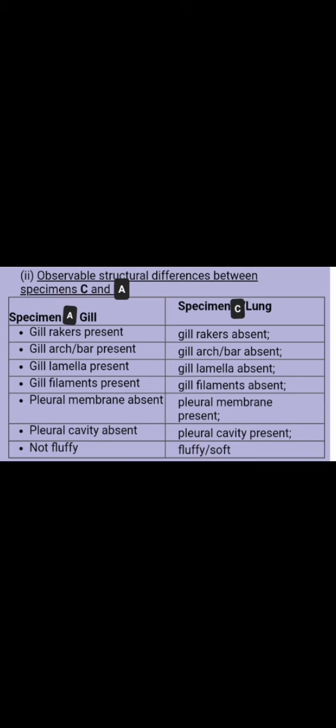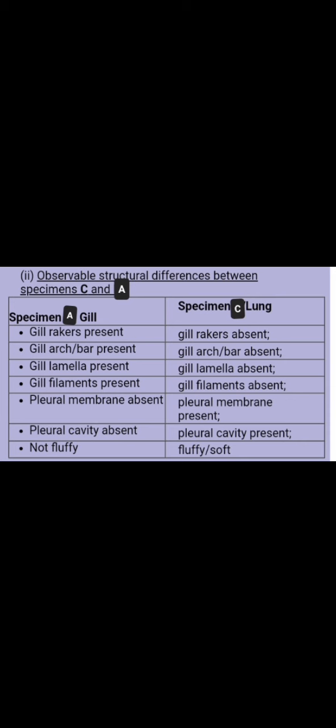Now, about the structural differences between gill and lung. Structural differences are that in gill, there are rakers. So gill rakers are present in gill, but are not present in lung. Gill arc or bar is present in gill, but not present in lung. We have lamella present in gill, but not in lung.